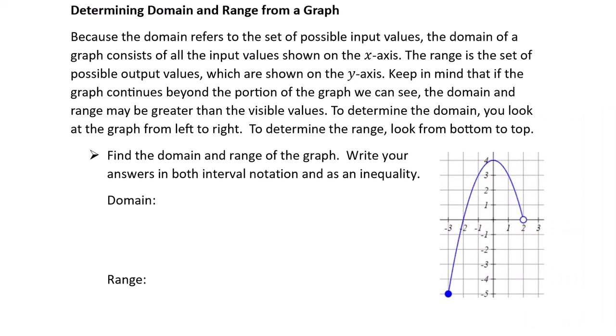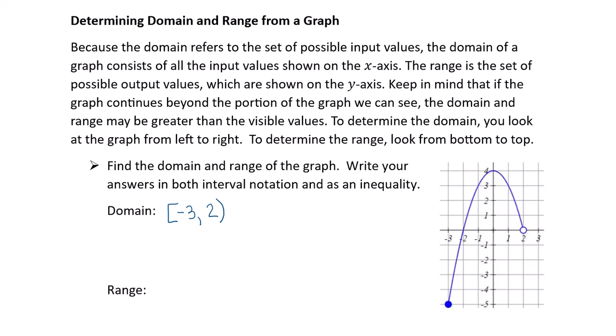So in interval notation, we're going to say that the domain goes from -3 with a square bracket and ends at 2 with a parenthesis to show that it's not included in the set. In inequality notation, again, x lives between -3 and 2, but x is greater than or equal to -3 and at the same time strictly less than 2.